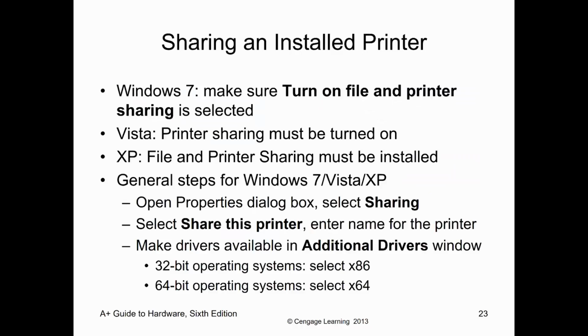All right, so how do we share and install the printer? First of all, we have to assume that the printer is installed already. In Windows 7, you have to turn on file and print sharing. In XP, you again have to make sure it's installed and working. If you have different operating systems, you have to make sure to have the appropriate versions of drivers, both 32 and 64-bit, depending on what you have.